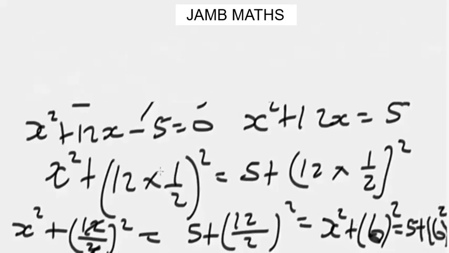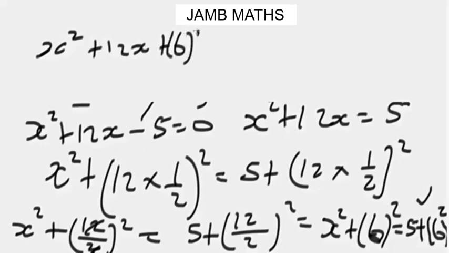At this juncture, we simplify what we have on the right. So now we have x squared plus 12x plus 6 squared equals 5 plus 6 squared.